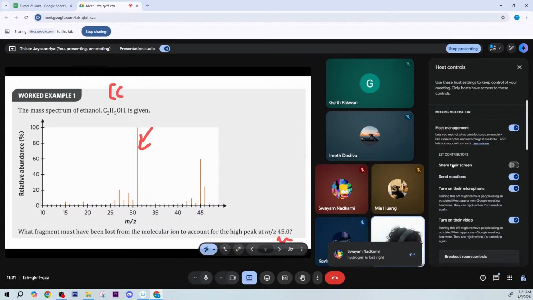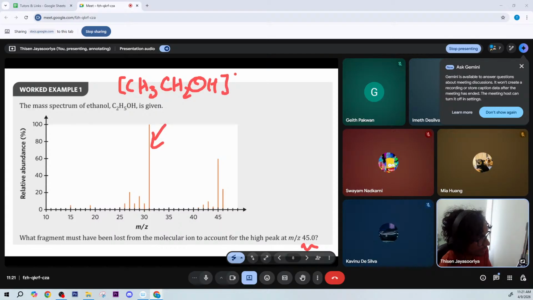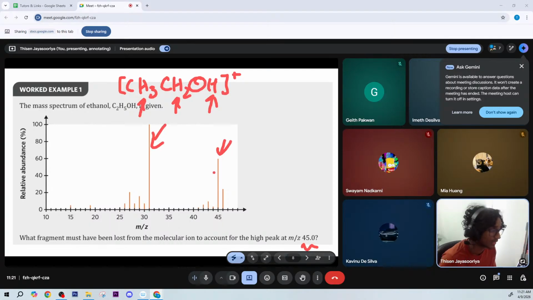Hydrogen is lost. Yeah. So essentially, a hydrogen is knocked off. So here we have the molecular ion peak here. So we have this CH, CH2OH plus. Yeah. It's either this hydrogen can be knocked off, a hydrogen over here can be knocked off, a hydrogen over here could have been knocked off, and that creates this peak here, or could account for this peak.